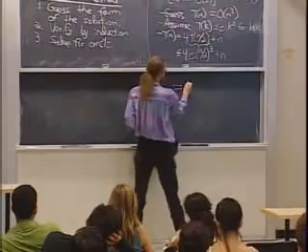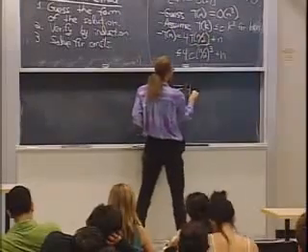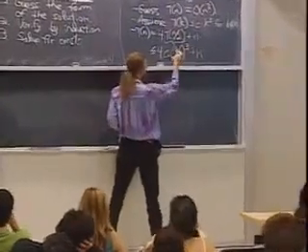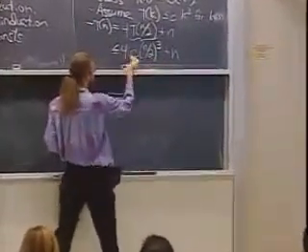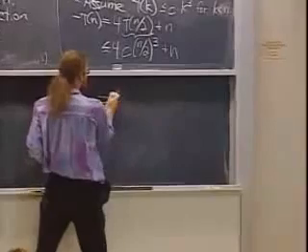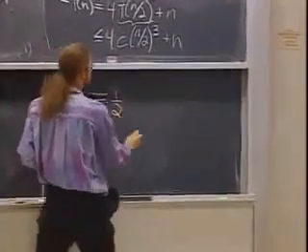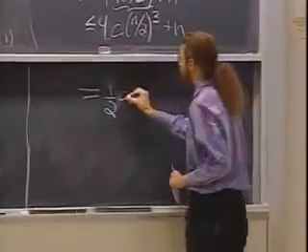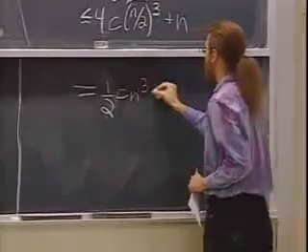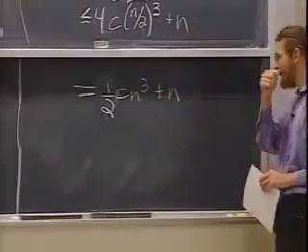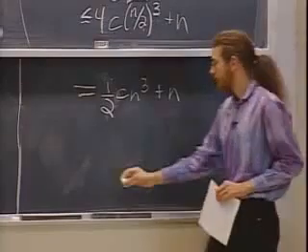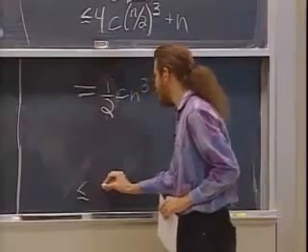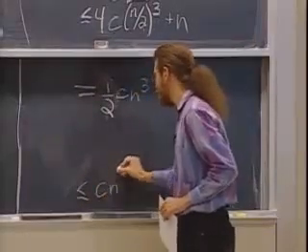OK, so continuing on here, let's expand this a little bit. So we have n cubed over 2 cubed. 2 cubed is 8, so 4 over 8 is a half. So we have a half times c times n cubed plus n. And what I'd like, at the bottom where I'd like to go, is that this is at most c times n cubed.